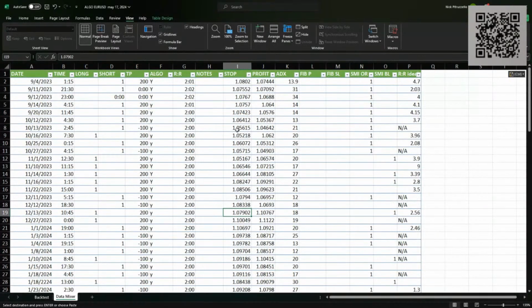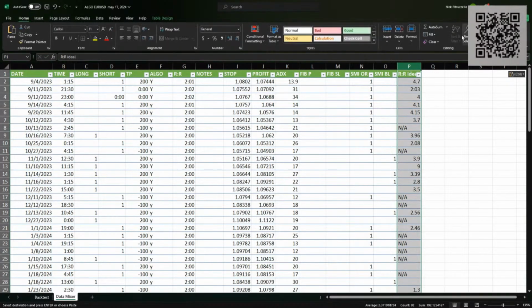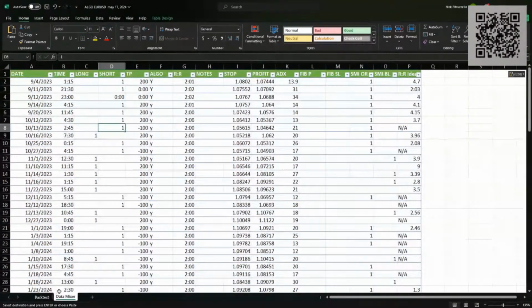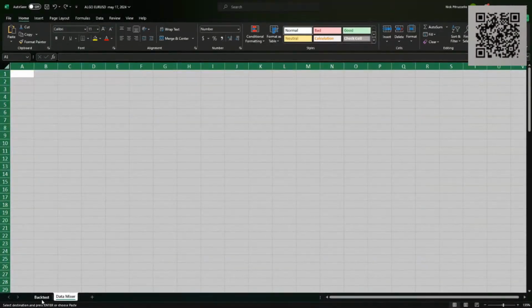So I would sort again like we did before. Hopefully it lets me do it. Yeah, there's some weird thing because I kind of just set it up intuitively, and I'm not sure what I did. I don't know why it doesn't let me do it. Here's what I'm going to do. Let's go to data mixer, delete that, go to backtest.